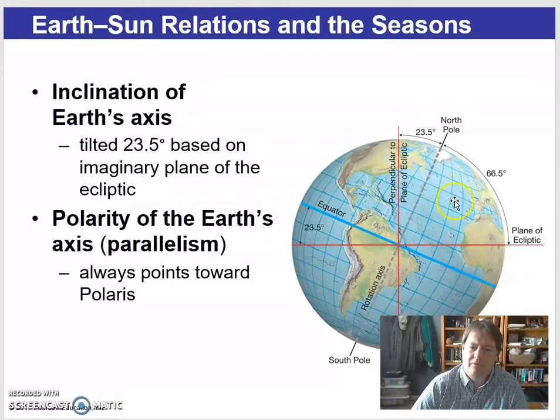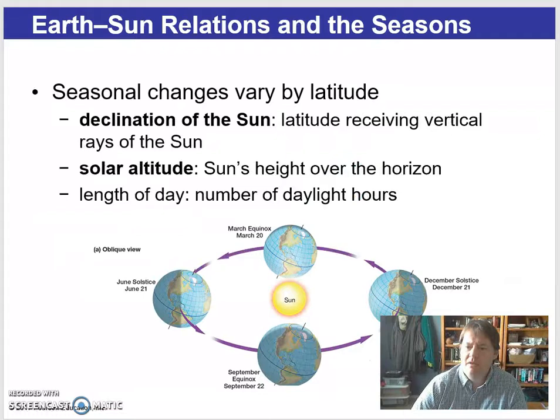And that's part of why, on the previous slides, we have the different tropics at 23.5 degrees. The revolution and the tilt of the Earth's axis helps us have different seasons.